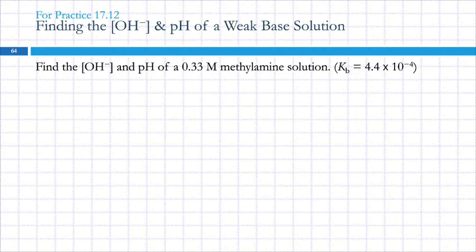A weak-base solution. Find the hydroxide ion concentration and pH of a 0.33 molar methylamine solution. That gives us the Kb. We do not need to know what the chemical formula for methylamine is. You can look it up if you like, but we can just call it B for base. So the first thing we want to do is write the ionization reaction for this weak base.